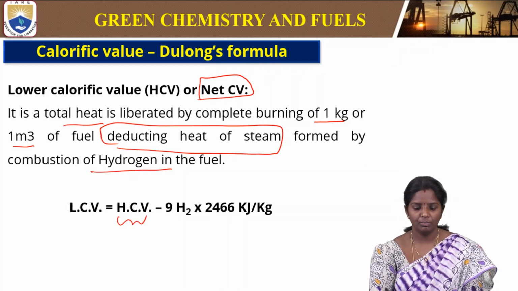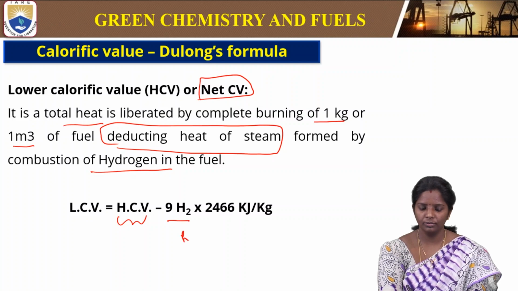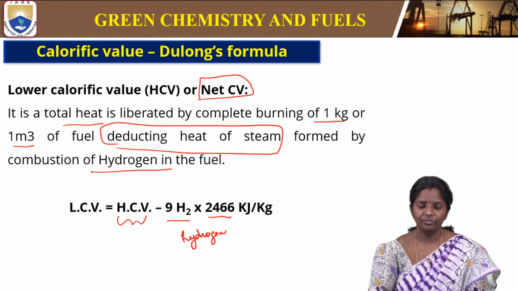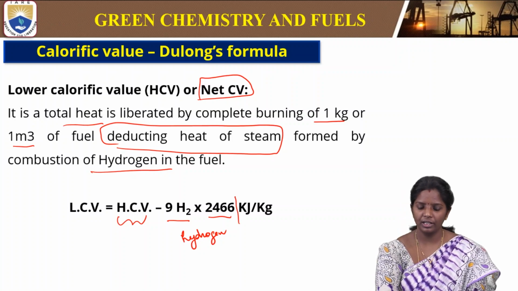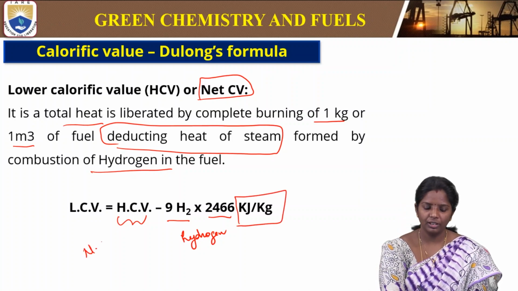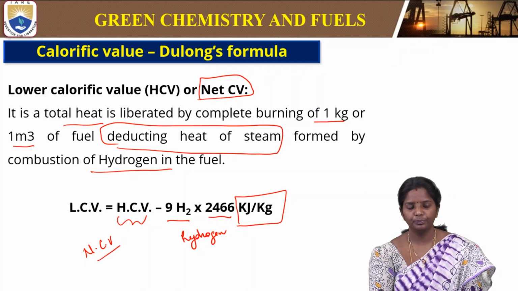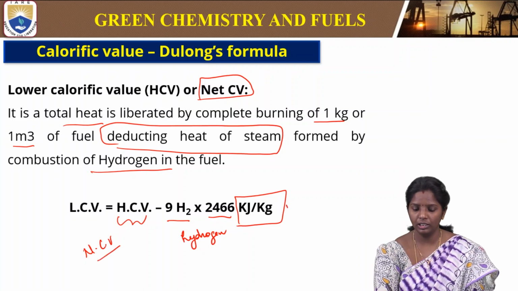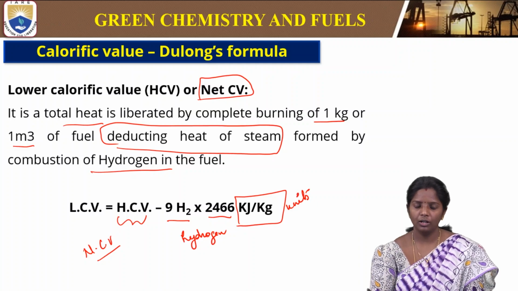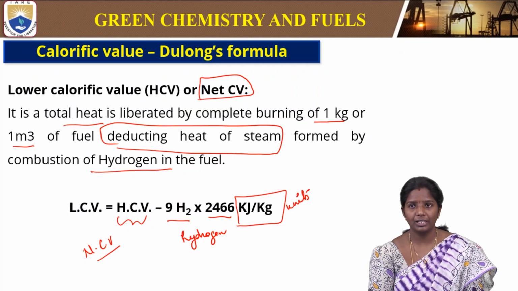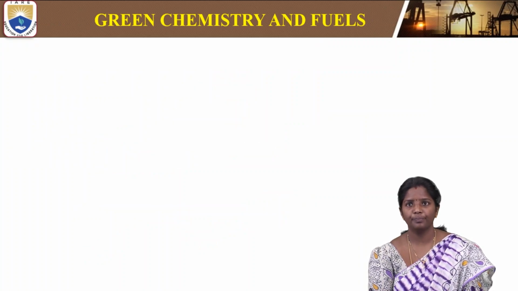Therefore, HCV minus 9 into hydrogen content into 2466. That will give rise to the net calorific value or lower calorific value. These are the units: it is expressed in kilojoules per kg.